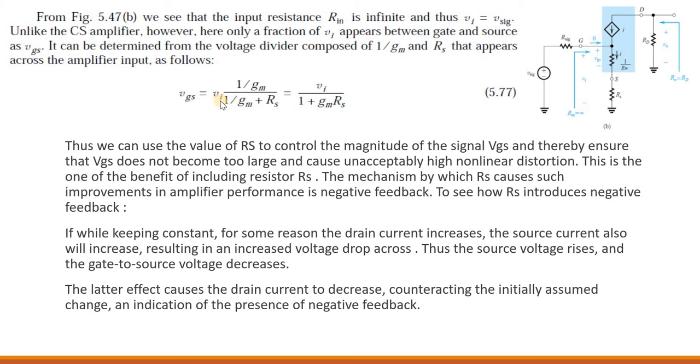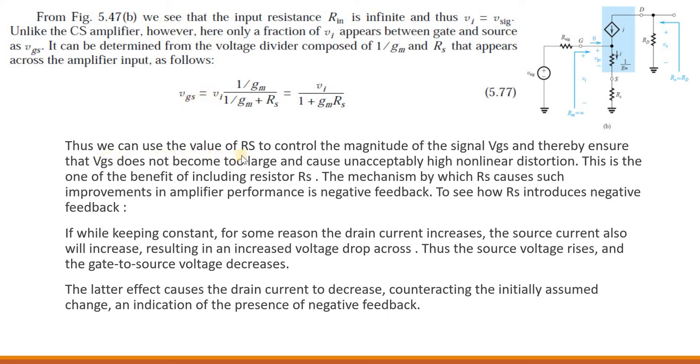This is the gate to source voltage. It is not equal to Vi; only a portion of Vi appears at VGS. Whereas in the previous case, without Rs, VGS was equal to Vi. Here, with Rs, only a portion of Vi appears at VGS.